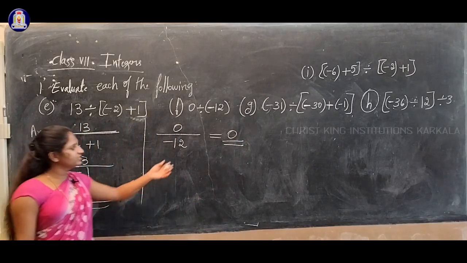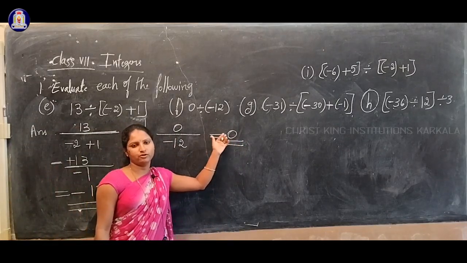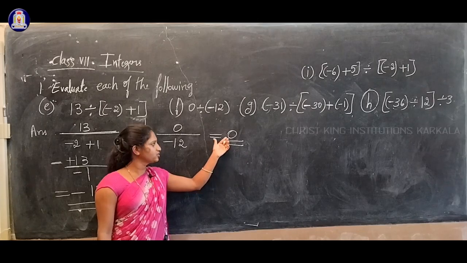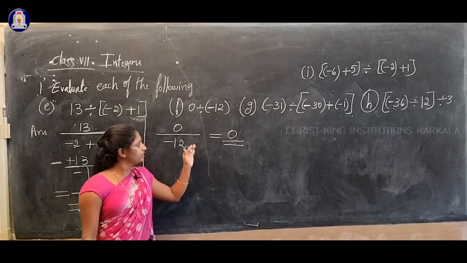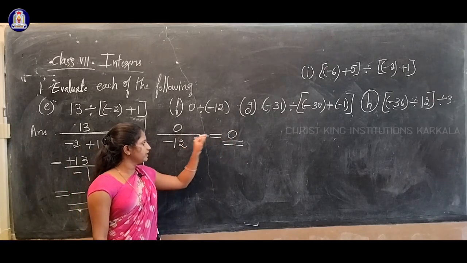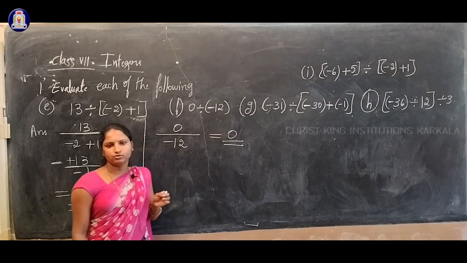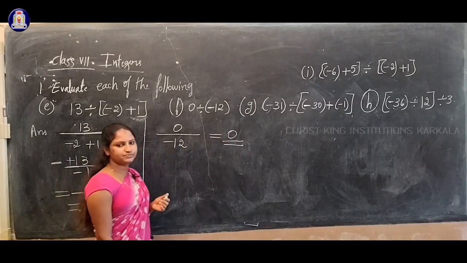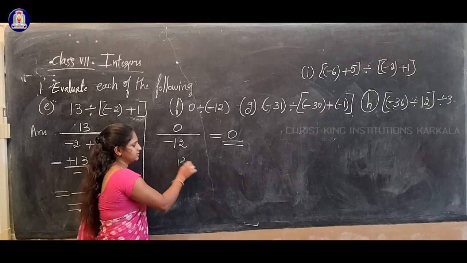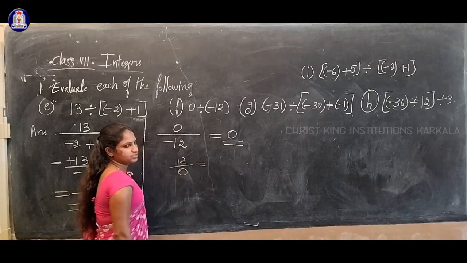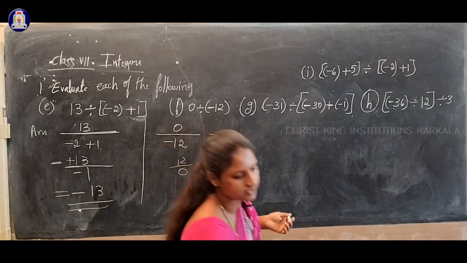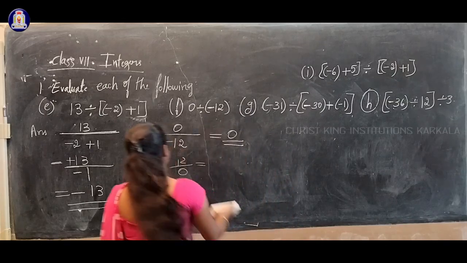For 0, is there any sign? No, we will not write any sign for 0. So 0 divided by 12 is 0. But 12 divided by 0 is not possible, it's not defined. 0 by 12 is 0.